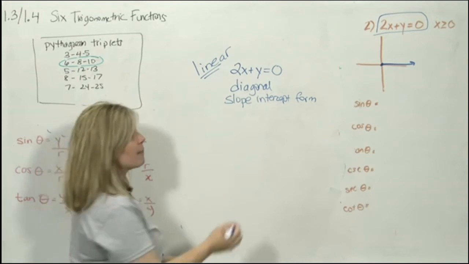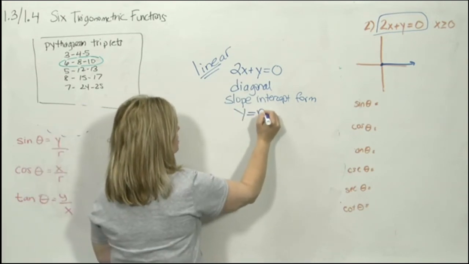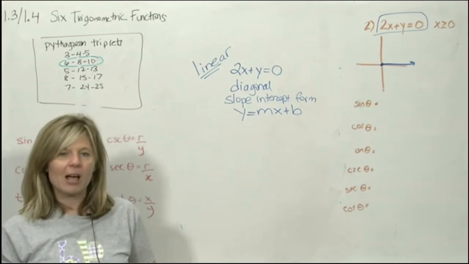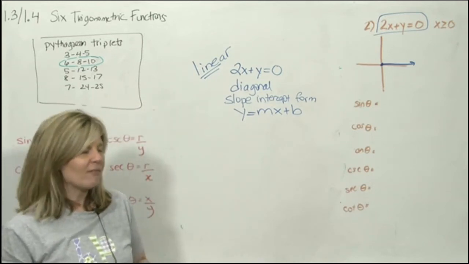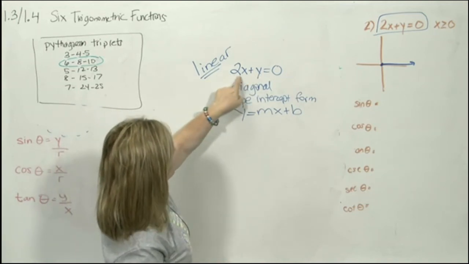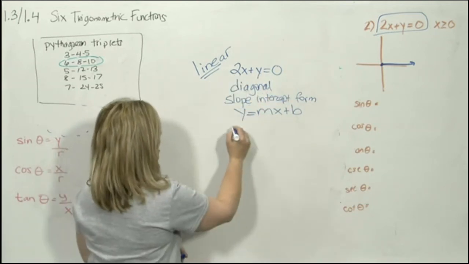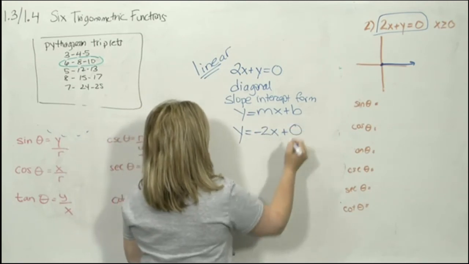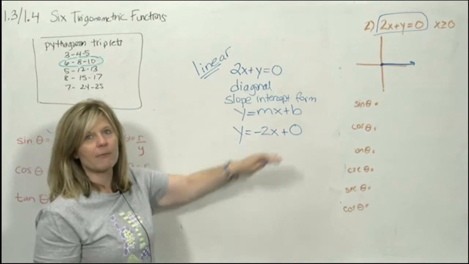What is slope-intercept form? y equals mx plus b. So you should remember from Algebra 1, to graph a diagonal line, I have to have y isolated. To get y by itself, I move the 2x over by subtraction. So this would be y equals negative 2x plus 0. That is in slope-intercept form.